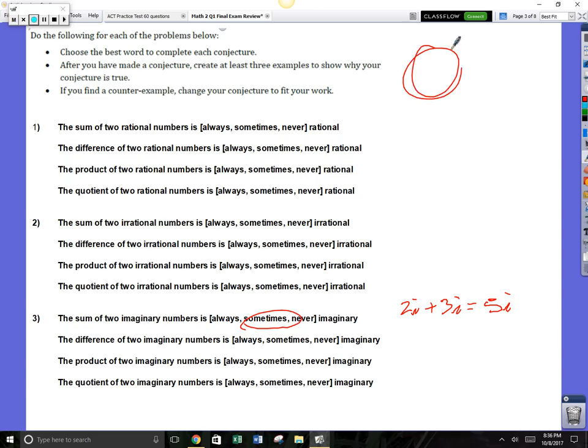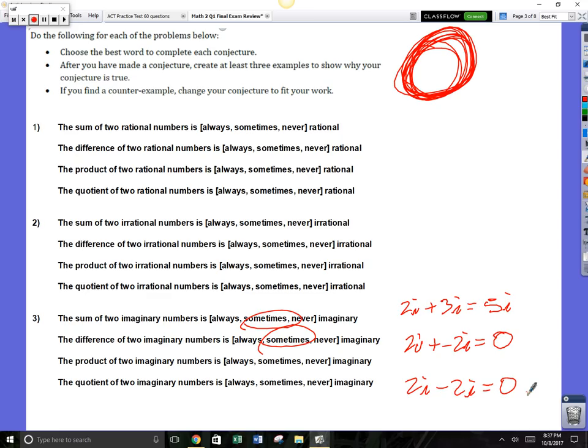But again, 0 is the one we're trying to kind of focus on. So if I had 2 imaginaries plus a negative 2 imaginaries, that would create 0, and 0 is not imaginary, 0 is real. So the difference, that's going to be the same thing, because I could write 2 imaginaries subtract 2 imaginaries, that's 0, 0 is real.